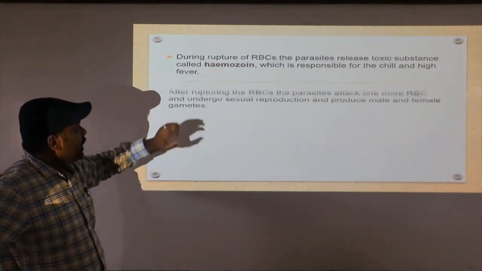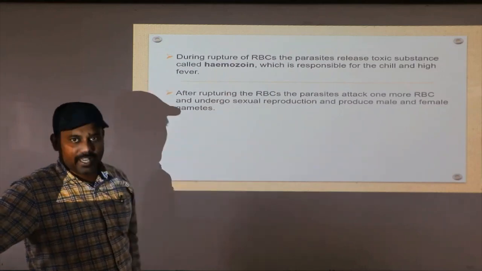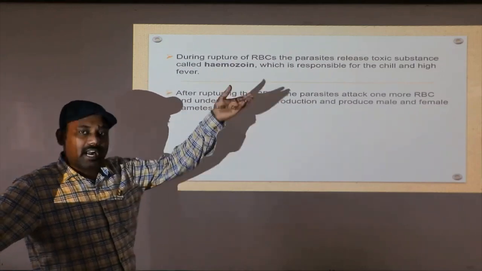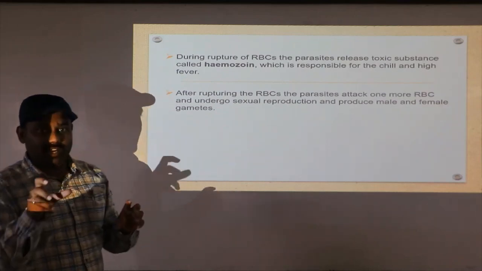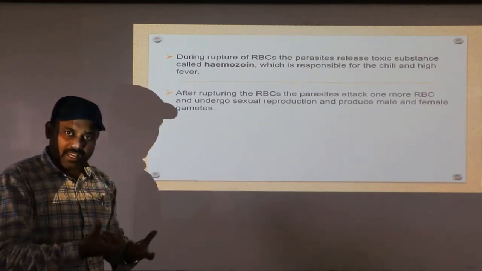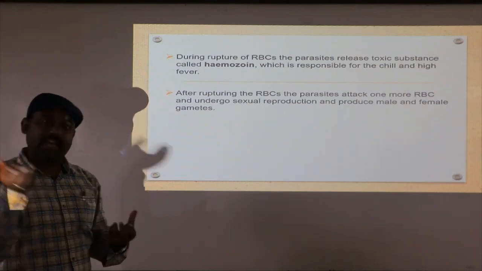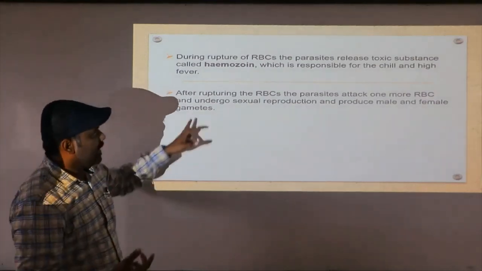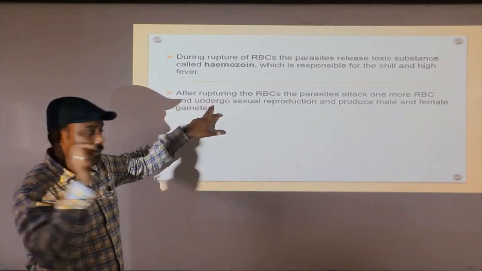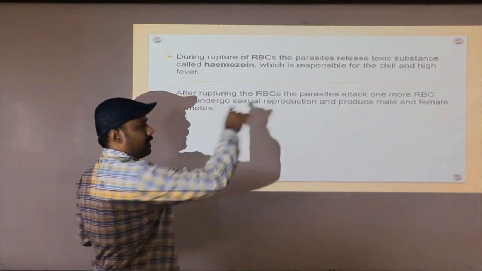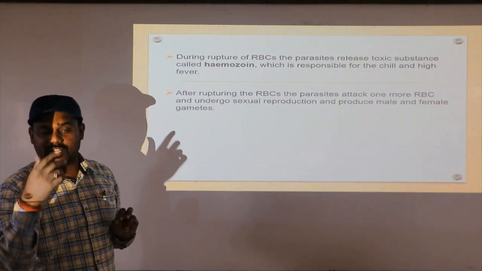Next. After rupturing the RBC, the parasites again attack one more RBC. Do remember, after the liver cell, they will attack RBC, they will rupture the RBC, and again they will attack one more RBC. Clear? In the second RBC, again they undergo, very important word, sexual reproduction. In case of liver cells, asexual reproduction.